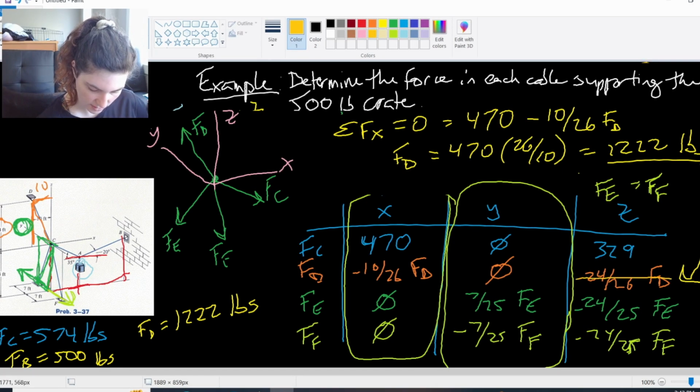This value is now 1,126. Just plugging in 24 over 26 times 1,222. I have an actual value here now. And then we know FE equals FF, so we can just say that these are exactly the same. I'm just going to call them F now, when I set up this problem.